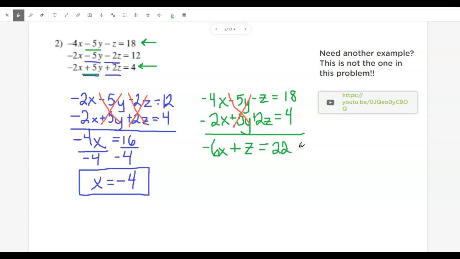Now, I have two variables. I cannot just go on and solve for one of those variables. Well, I could, but it's not going to do me a whole lot of good because I'm still stuck with two variables. But what I can do is take this negative 4 and plug it in for x right here.